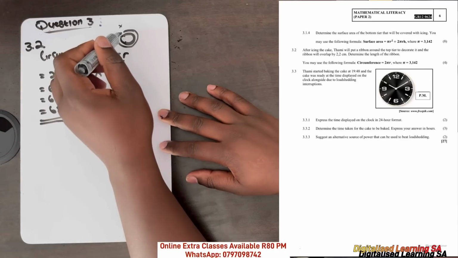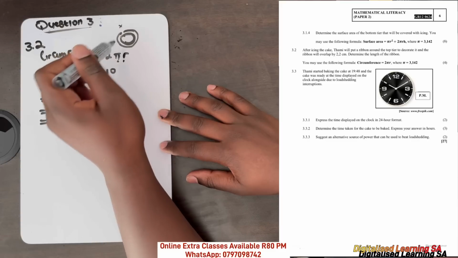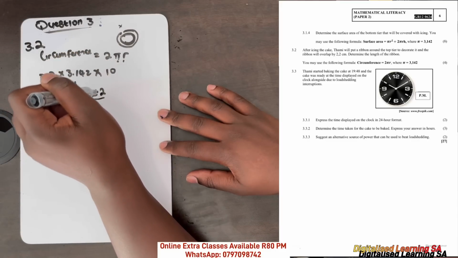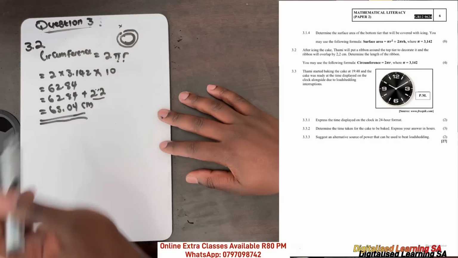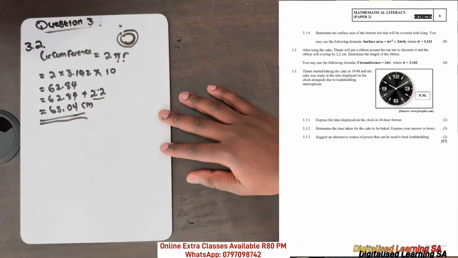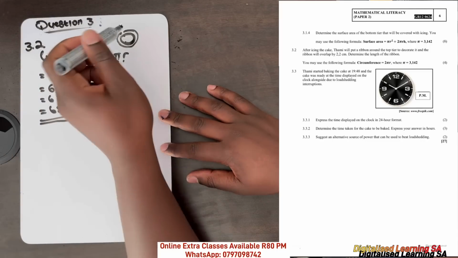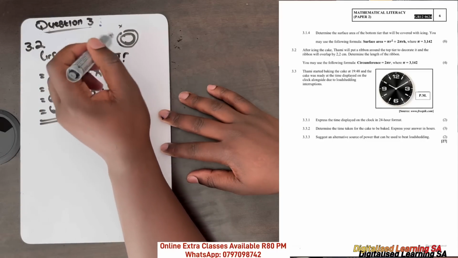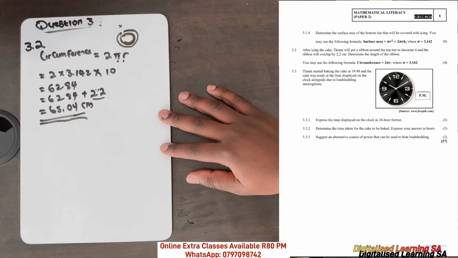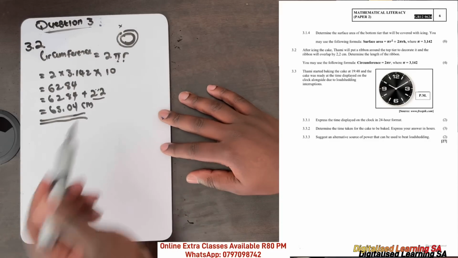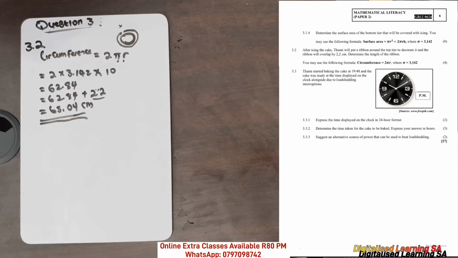So besides it just being around the cake, it has an overlap of 2.2 that we also had to account for, because here we are calculating the total length of our ribbon. That's why we had to add 2.2. So I hope that makes sense. Okay, so now let's move to question 3.3.